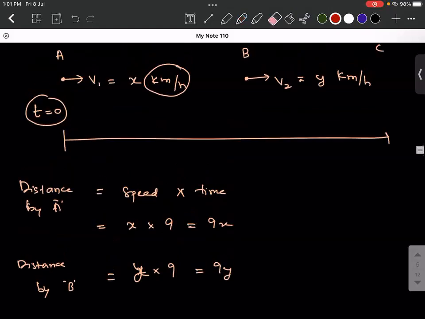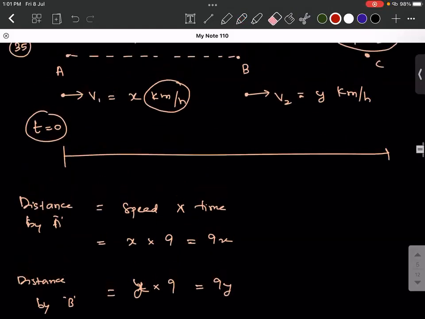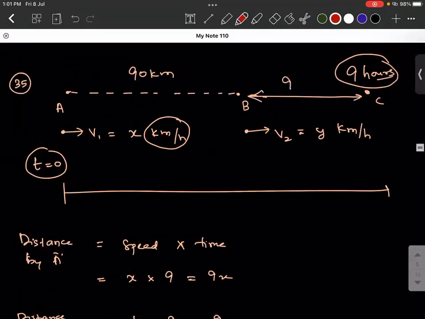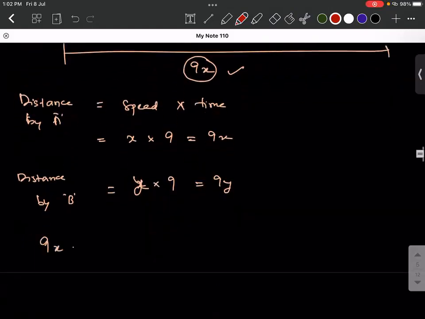Okay. Now listen. Can I say this is 9y? Can I say this is 9x? So what is 9x equal to? 9x is equal to 90 plus 9y. So what is common among both? 9.